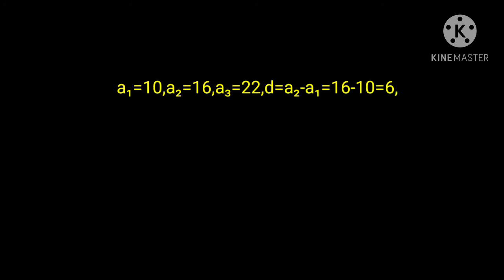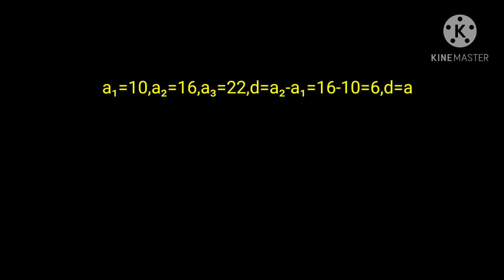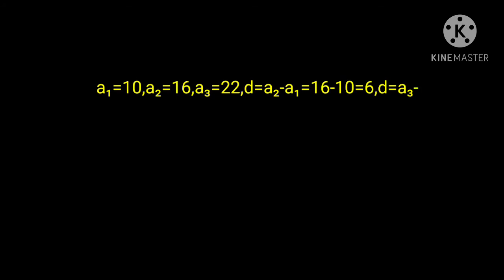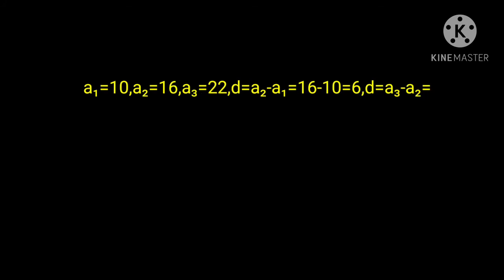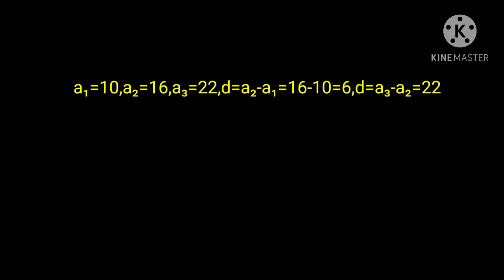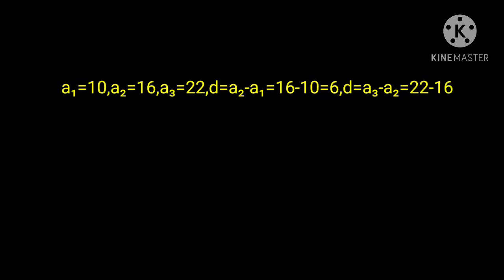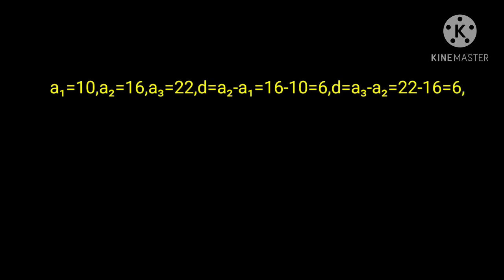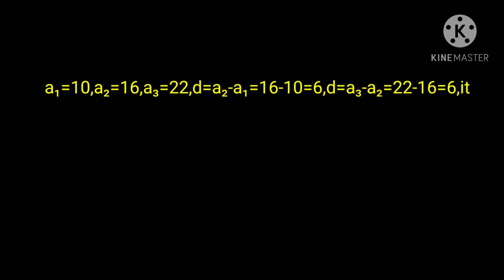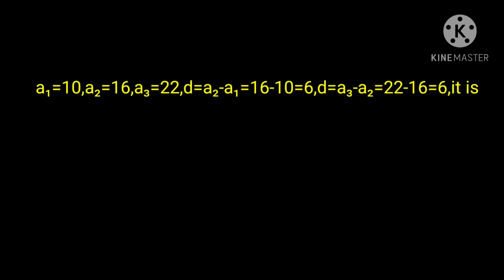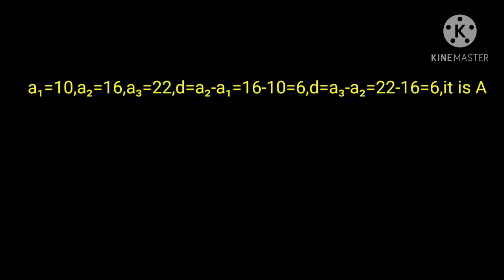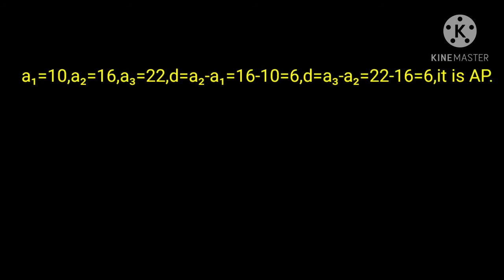In the same way, d is equal to a3 minus a2, that implies 22 minus 16. Here also we are getting the same value 6, hence the common difference is same. Then we can say it is an AP. Clearly it is an AP. If the difference is same, then we can say that is an AP. The list is an AP.